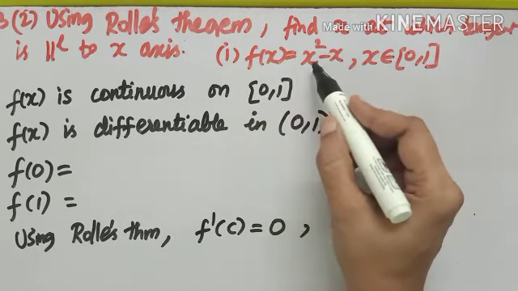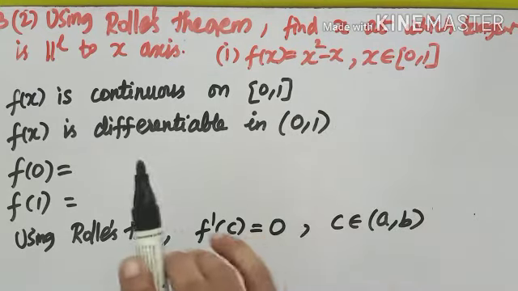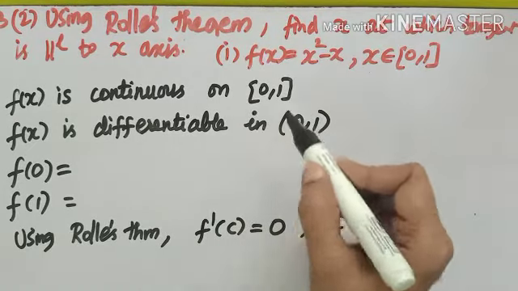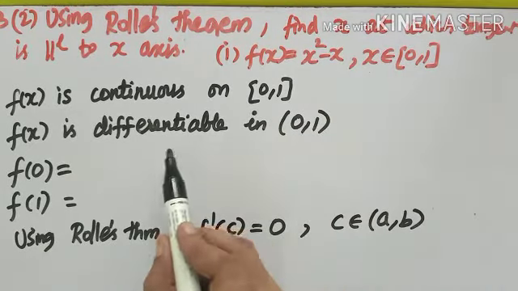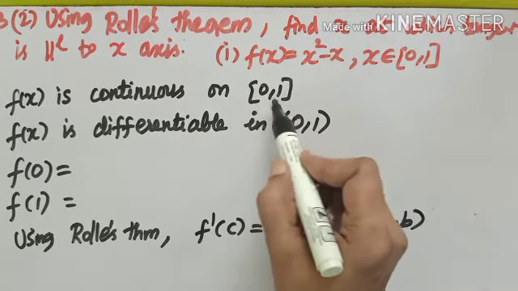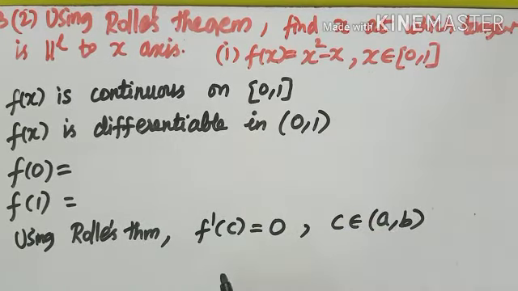Given f of x is x square minus x. No square root, no denominator, so no problem at all. It is a continuous function in the closed interval and it is a differentiable function in the open interval. Remember, continuous closed square bracket, differentiable open round bracket.